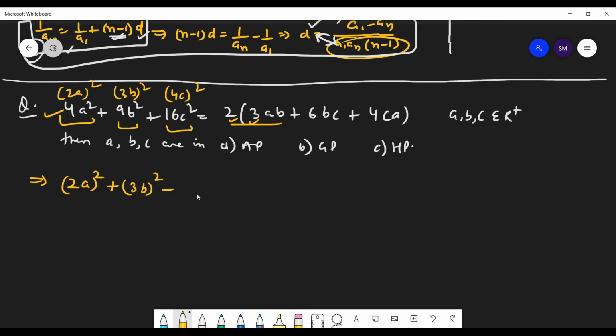So 2 into 3 is 6, but I need one more 2, isn't it? So only 6ab is not going to work. I need 6ab more, isn't it? So minus 6ab plus 6ab. We are adding and subtracting so that you get this.